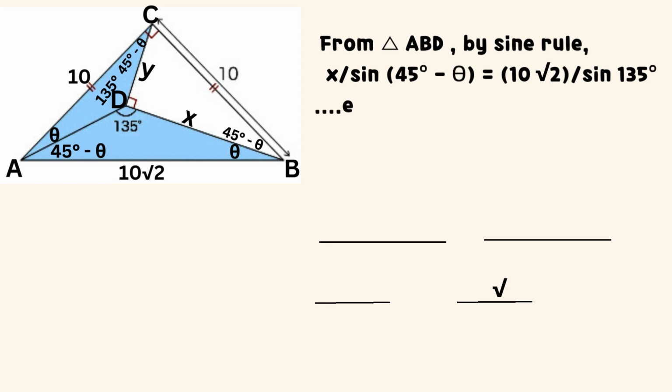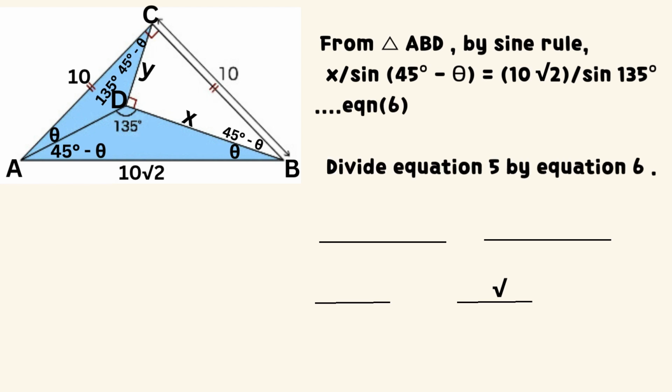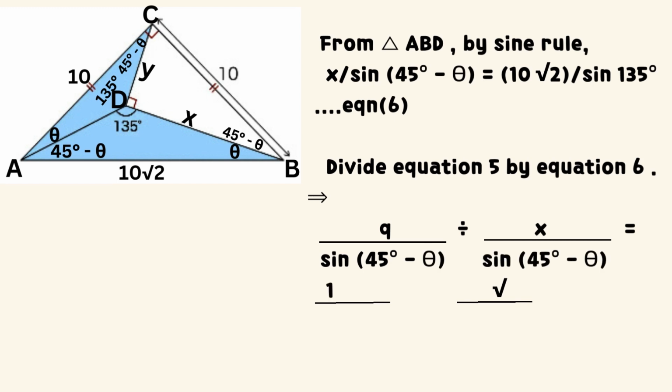From triangle ABD, by sine rule, x divided by sine of 45 degrees minus theta equals 10 times the square root of 2, all divided by sine 135 degrees. We call it equation 6.